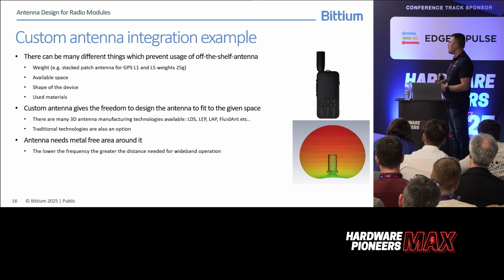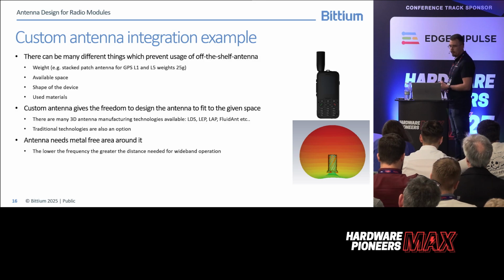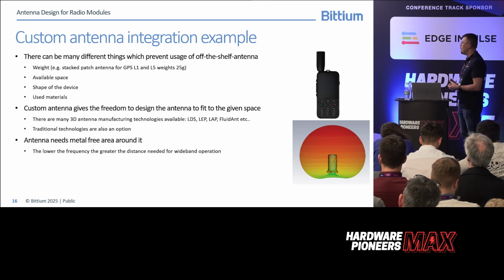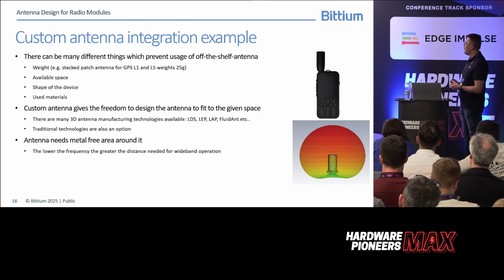Then there is the available space, the shape of the device and the materials you are using. Custom antenna design gives freedom to design the antenna to fit the given space. There are many different 3D antenna manufacturing technologies available. LDS, LEP and LAP are laser technologies.